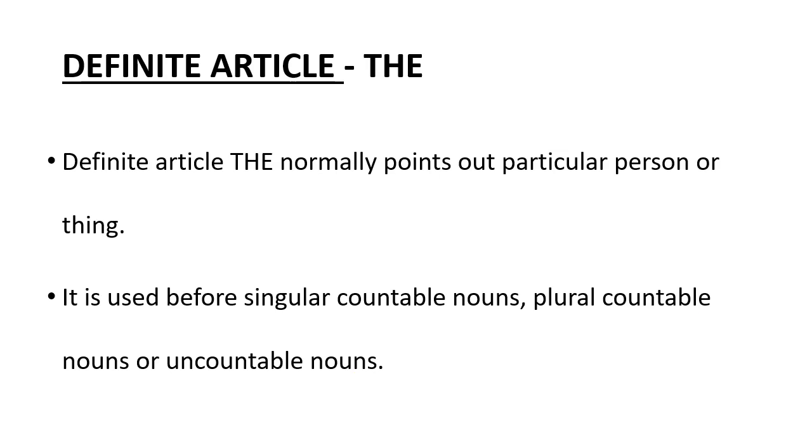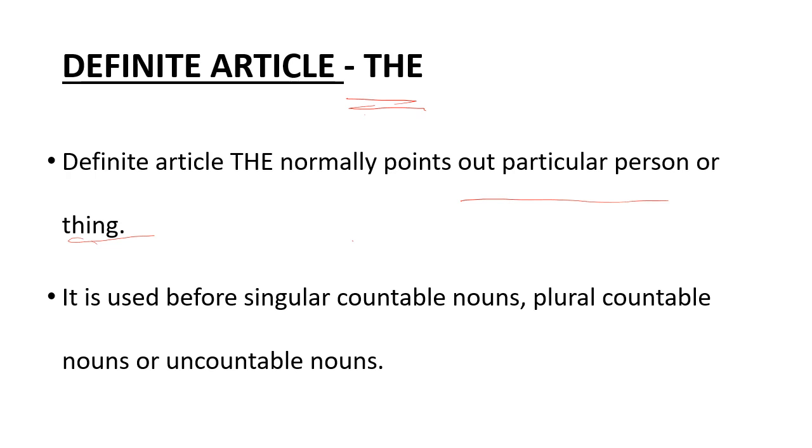Next is the definite article. So the is the definite article. And the definite article the normally points out a particular person or thing. Like we talk about a or an, that they are used before an indefinite noun, meaning when the noun is introduced for the first time. Now we are talking about the same noun, so that same noun becomes particular. For example, I'm saying that I saw a boy. So a boy, it's not a certain boy.